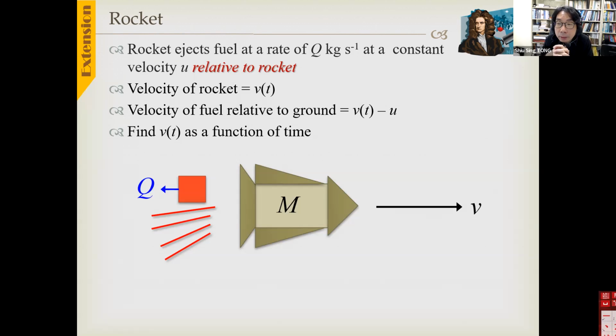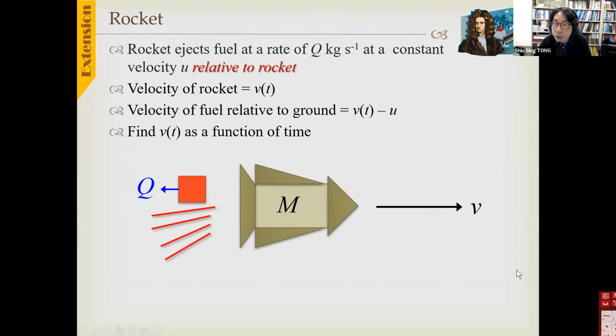But relative to an observer on the ground, the rocket itself is moving. So the fuel velocity is not just u relative to an observer on the ground, because the rocket itself is moving forward with a velocity v, right? So the velocity of the fuel relative to the ground is not equal to u, but is equal to v minus u, where v is the velocity of the rocket.